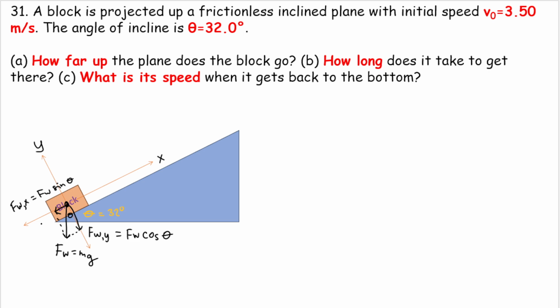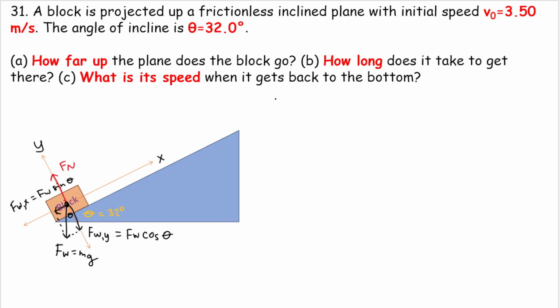Good. One more force that works on the block is the plane also giving a force to the block, which I will name Fn. However, because this is frictionless, we don't need to care about Fn here, so we only care about the x direction.